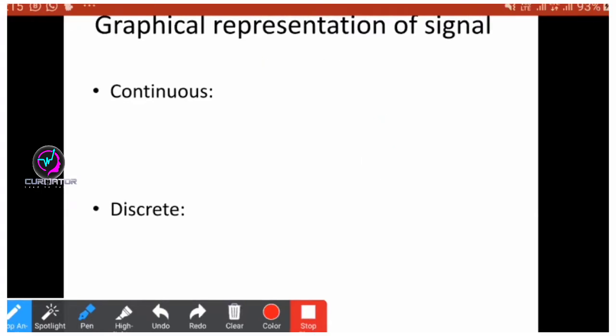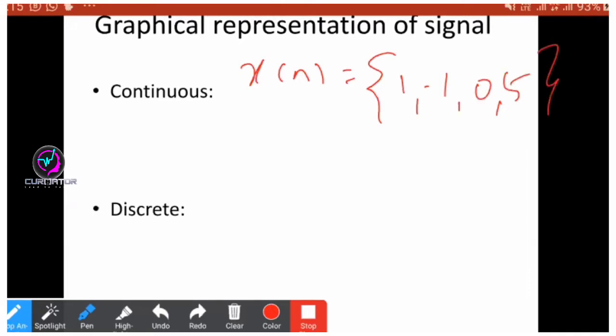Or otherwise, x of n may be some set of values, 1, minus 1, 0, 5, like this. If I am representing values like this, I didn't mention its n index. It means n equal to 0 lies here in the first element.